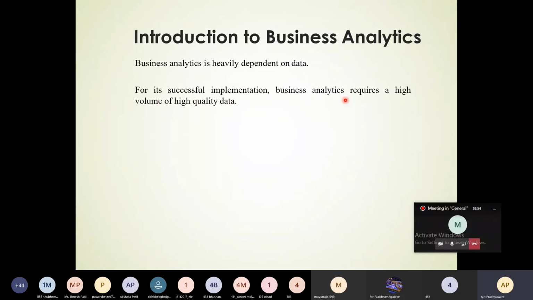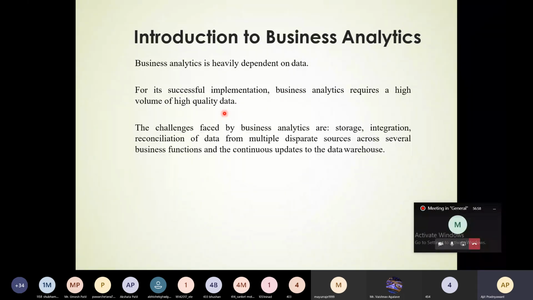Business analytics requires a high volume of high quality data. The challenges faced by business analytics are storage of the data, integration of the data, reconciliation of the data from multiple different sources across several business functions, and the continuous updates to the data warehouse.